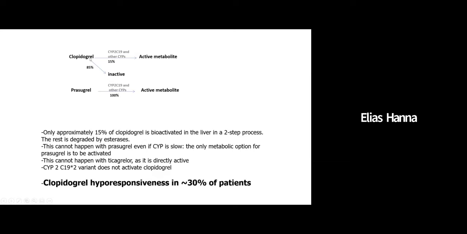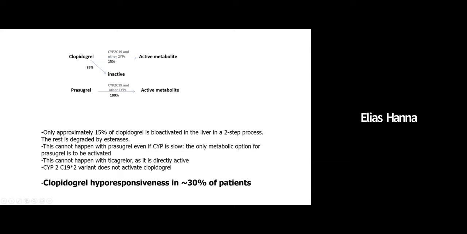Clopidogrel is bioactivated into an active metabolite similar to prasugrel. And it's bioactivated via multiple cytochromes, but the main one is cytochrome P2C19, the famous one. Now, only 15% of clopidogrel is activated and 85% is degraded by esterase.